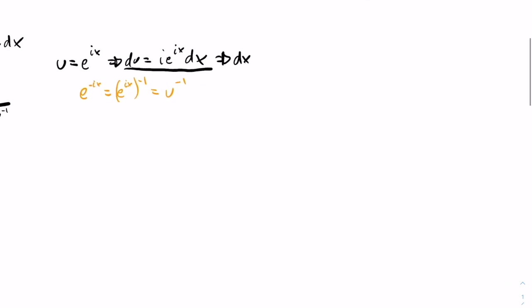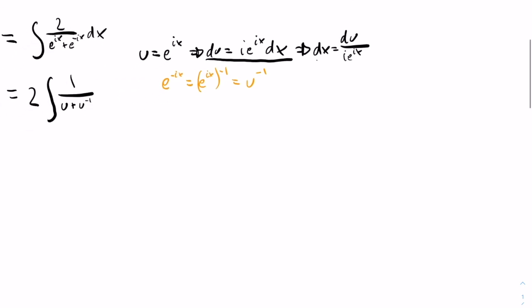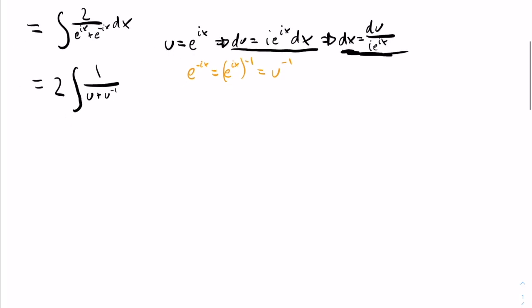So dx equals, and we divide both sides by i times e to the ix, and you'll get du over i e to the ix. So now we can substitute this in for dx, and you get times du over i, and then the e to the ix part of that is just u, because we have u equals e to the ix right here still.